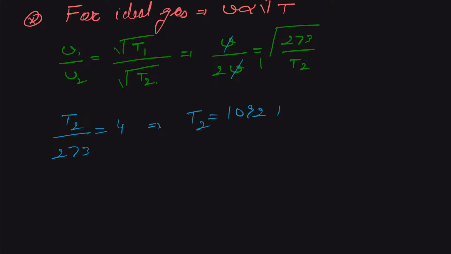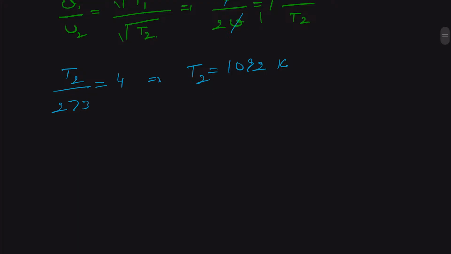But here it is in Kelvin, and we are supposed to find out in degree centigrade, so minus 273. So this gives us T2 equal to 819 degree centigrade. So this is our answer.